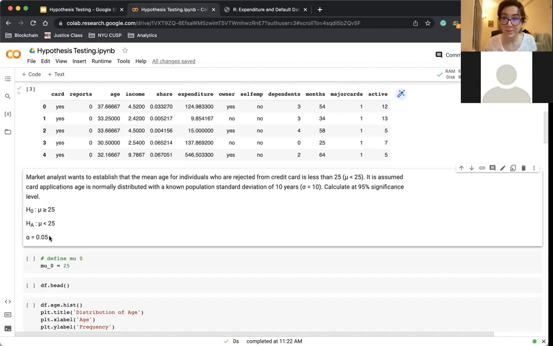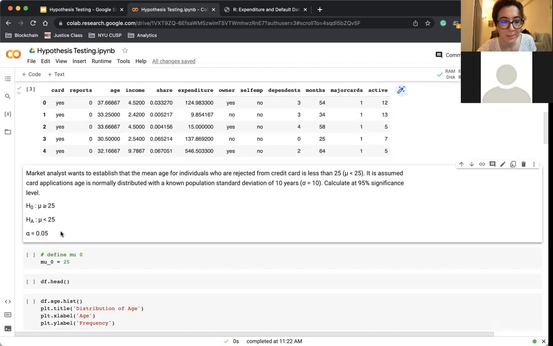For us, let's say at a significance level of 0.05, which also translates to 95% of the area under the curve, and only looking into the right tail in this case. Actually, the left tail would be less than, but let's walk through.